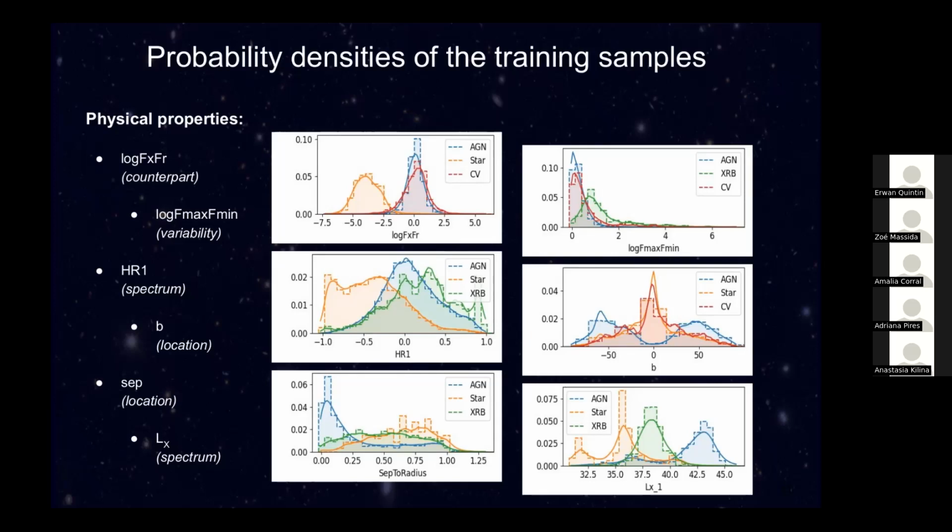These densities can be used as probability densities of each class later by the classifier.